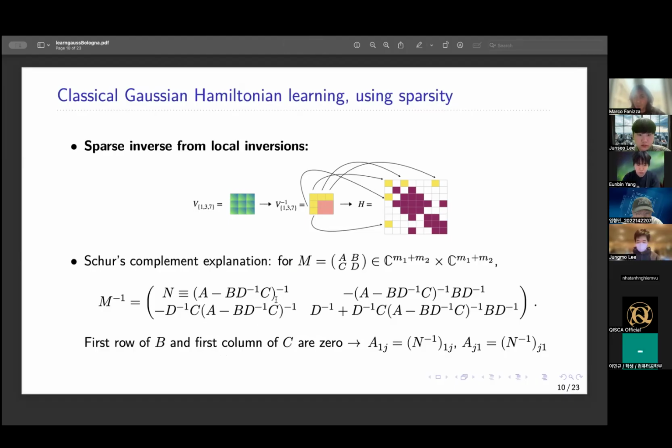But actually, we know that we have formulas that relate the covariance matrix to the precision matrix or Hamiltonian, and so we could have just used those to observe this fact, that is, that entries of the Hamiltonian can be recovered by local inversions of covariance matrices. And the linear algebraic reason for this is the Schur complement.